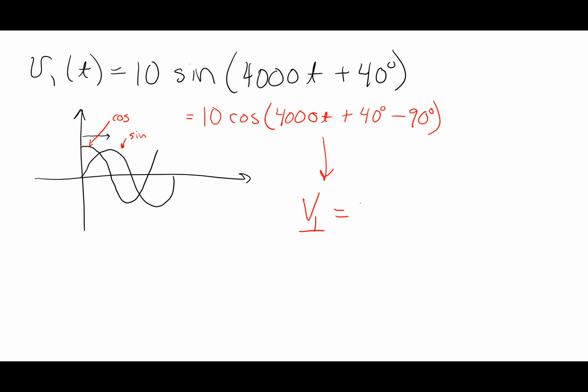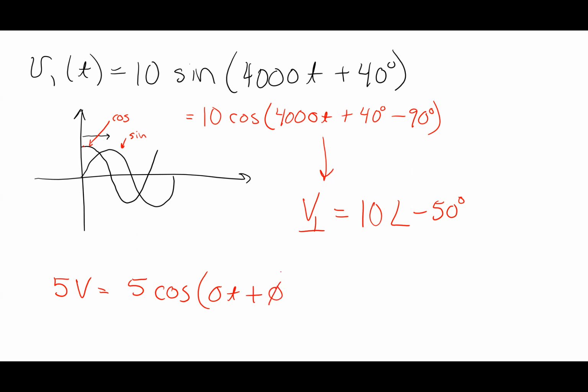Angle 10 angle minus 50. Okay. Now, similarly, the other thing I have here is the 5-volt source. That's also a cosine, right? It's 5 cosine what? 0t plus phi.